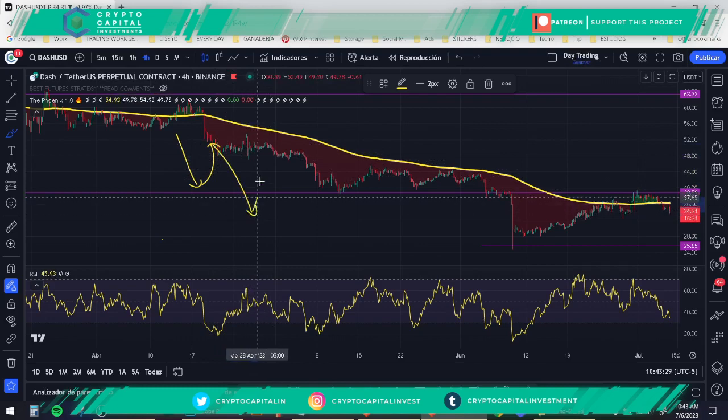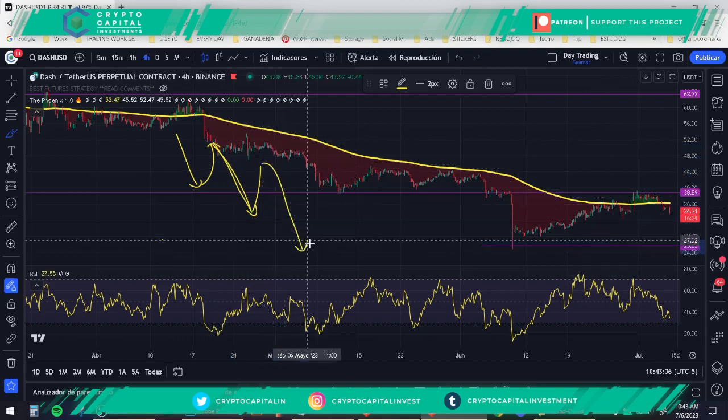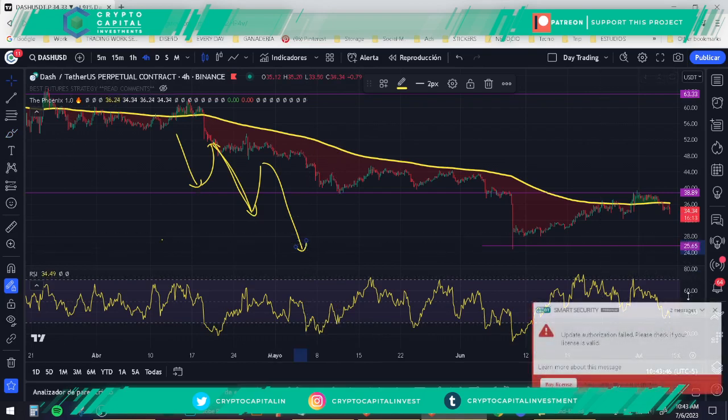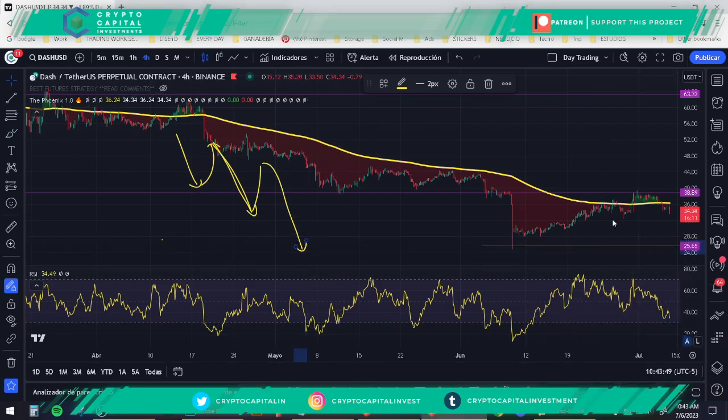It's going to make another pullback to the 61% of this movement, and it's going to make a new low, and so on until we find this divergence in the RSI, which means that there are more sellers than at the previous low, the volumes are not with the price movement.